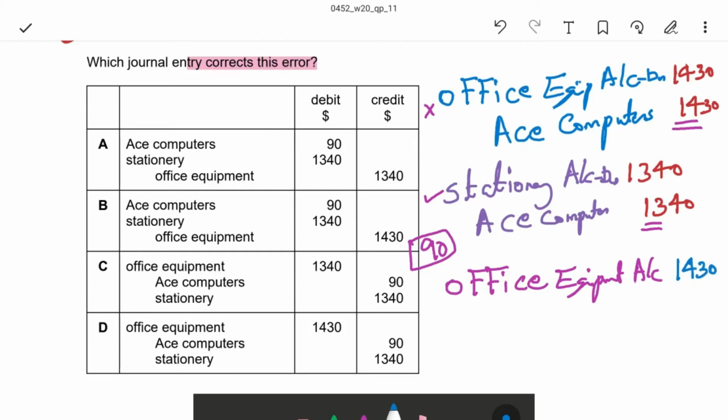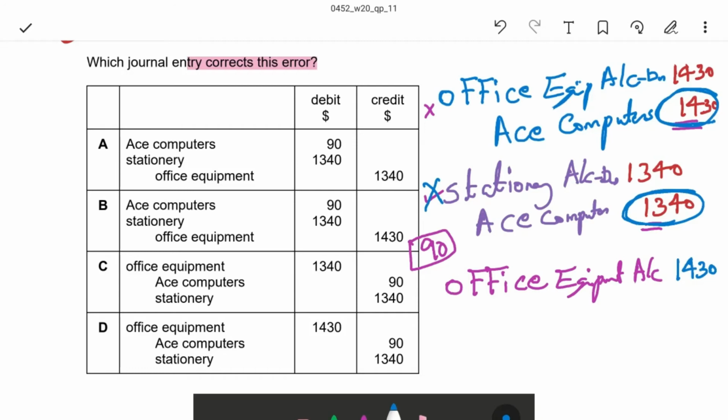Next we have to correct the stationery account. Stationery is the wrong account, they debited it, so we remove the stationery account. Ace Computers was only entered at 1,340, the actual amount is 1,430, so understated by 90.